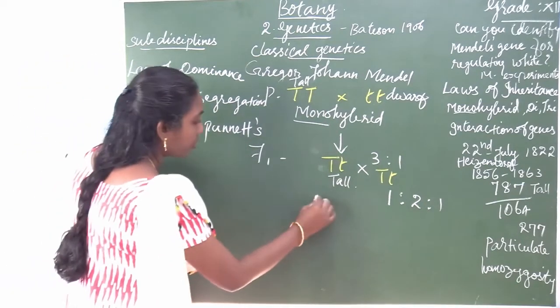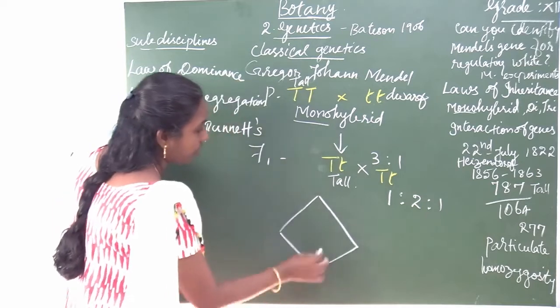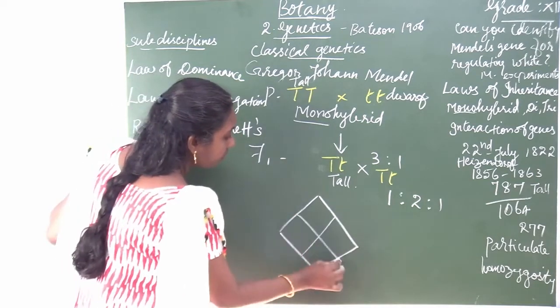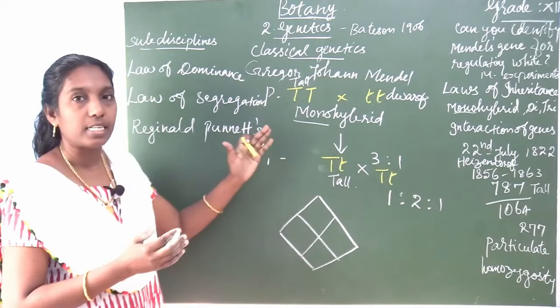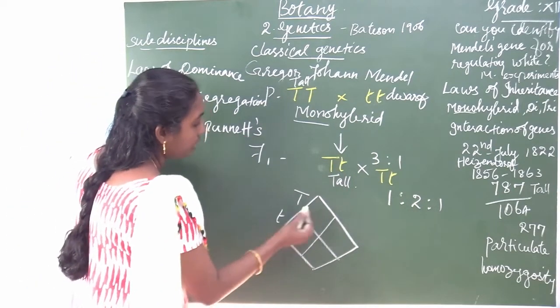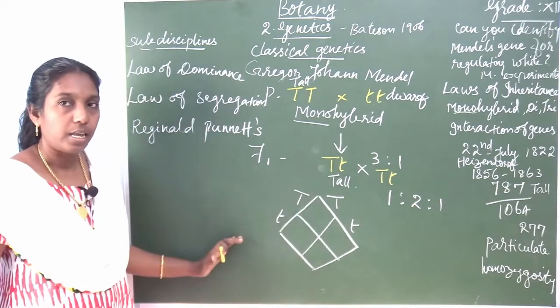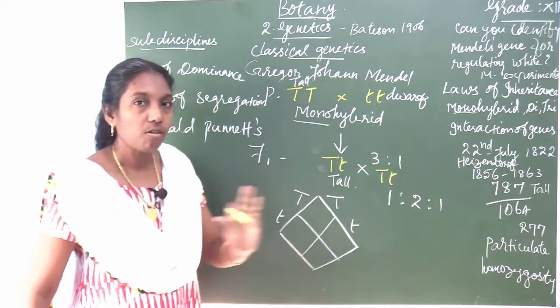So, illustrating it in the form of a Punnett square, it gives the gametes. One is selected as a male, another one as a female. Here capital T small t, here capital T small t. One represents a male and another represents a female.